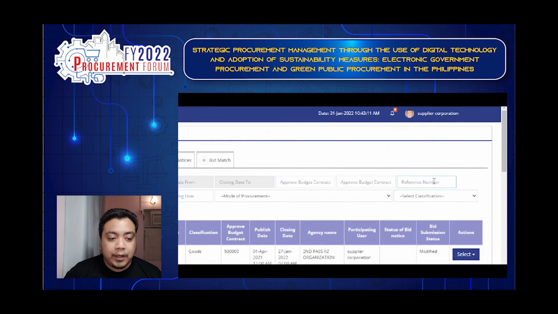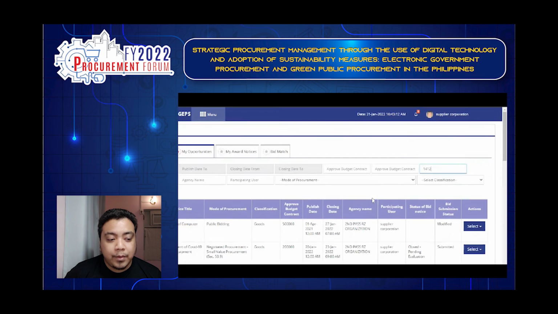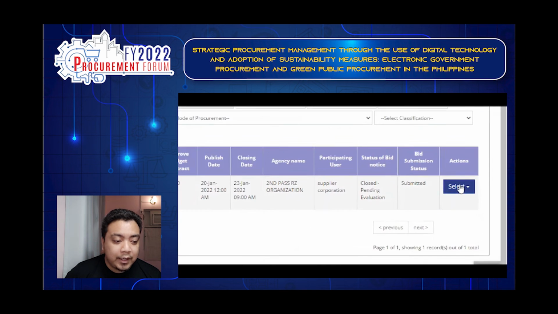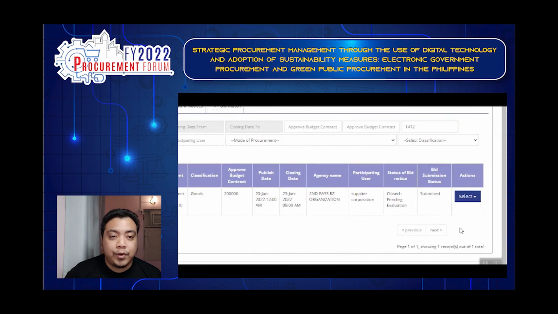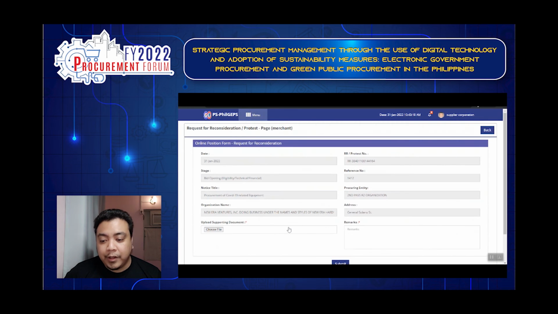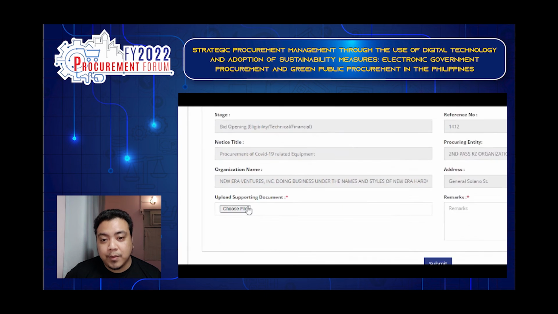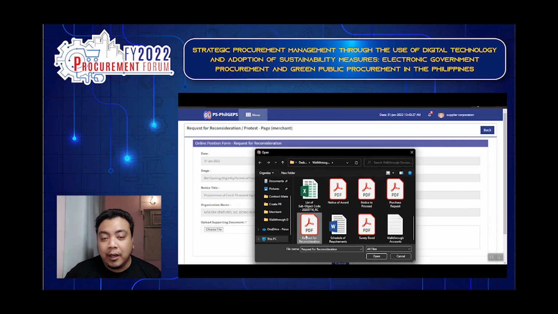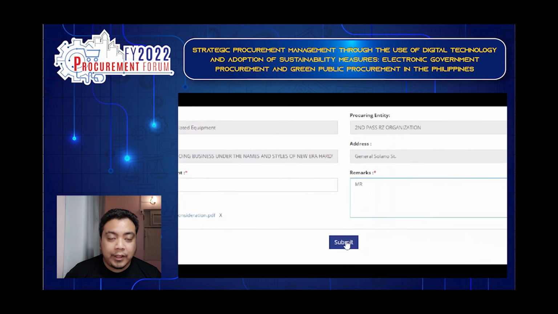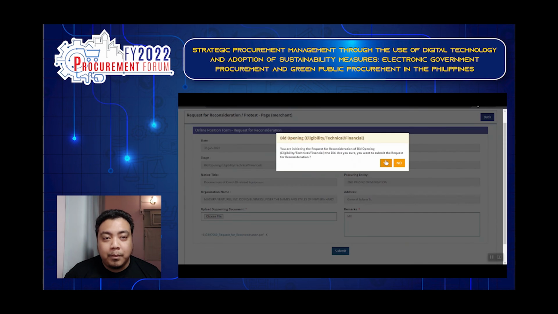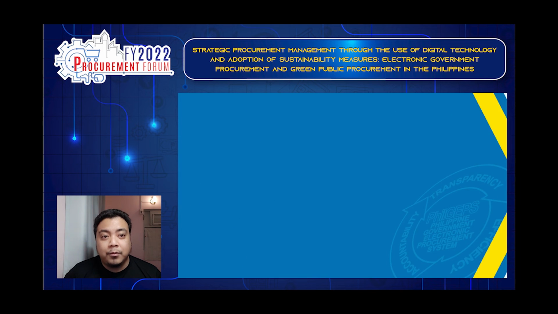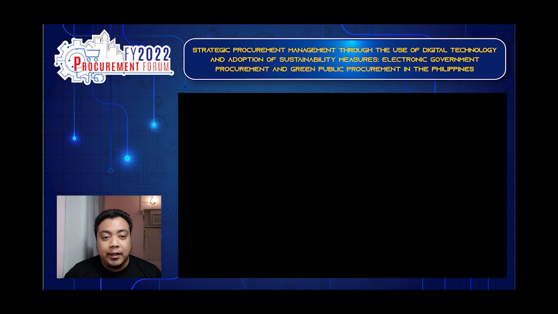So we can search for that reference number, and then under the action, select button, my request for reconsideration, and then you can upload supporting documents where you need reconsideration. Then click submit, and ma-inform yan yung procuring entity natin.